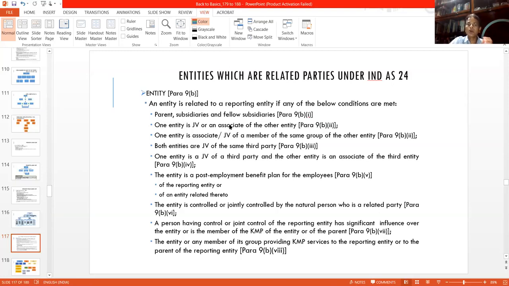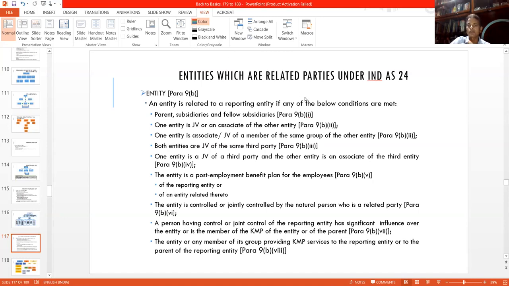Next part comes and says, one entity is a JV of another entity or an associate of another entity. The one entity is a JV, the other entity is an associate. I am, let's say, a JV of some entity, I am a joint venture, and the other entity happens to be an associate. The situation is such that there are two entities, one of which is jointly controlled, the other one is significantly invested in.